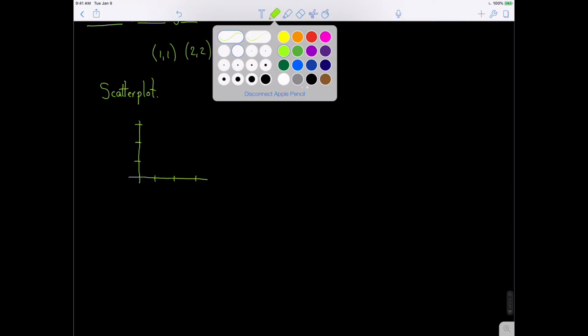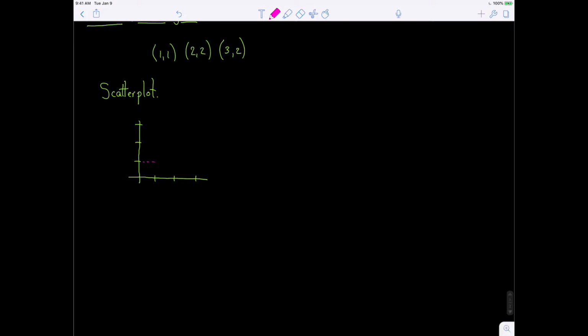How about this pink? So there's the point 1, 1, and then the point 2, 2 is right up here. And the last point is 3, 2.